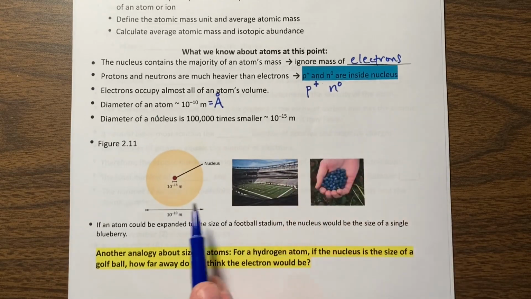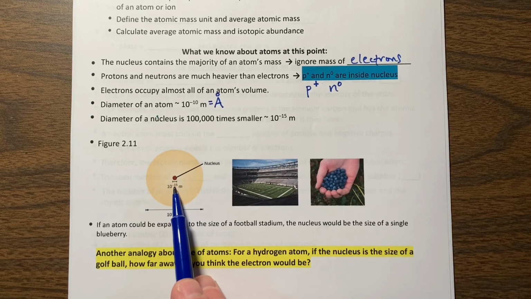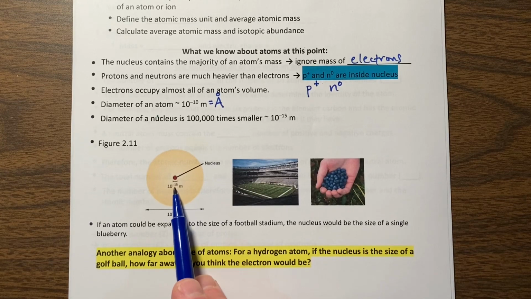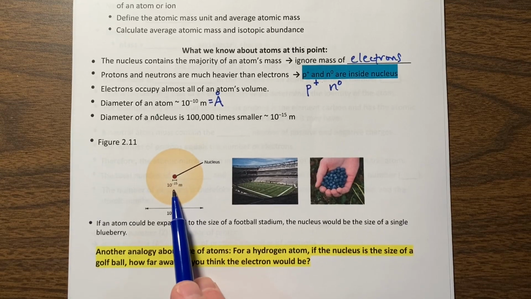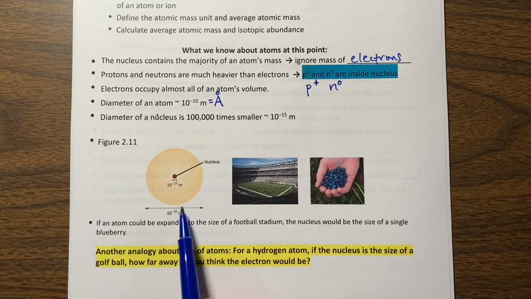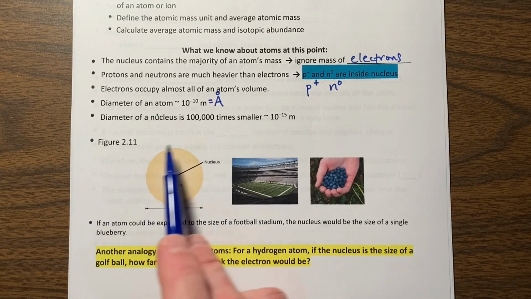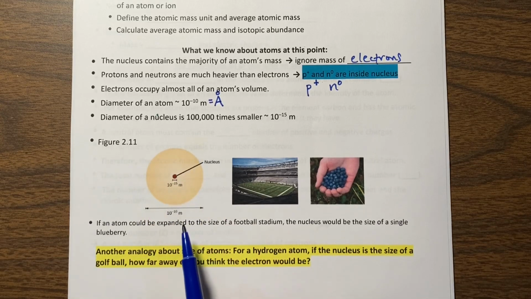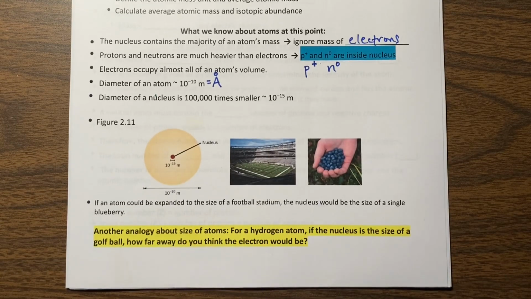So here's a basic picture of what an atom looks like. You have a very, very tiny nucleus on the order of 10 to the negative 15th meters, and an average atom, probably hydrogen, is about 100,000 times larger than that. And there's all sorts of analogies that we use to explain to students, like this.